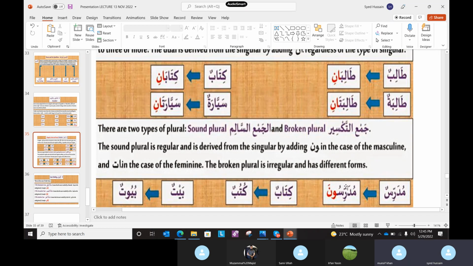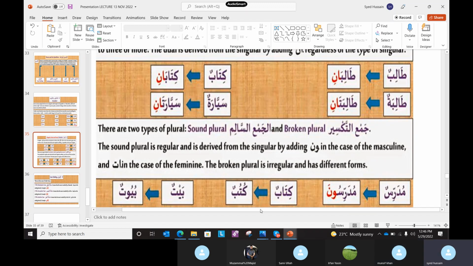So that's why when you say mudarrisun and you make it dhamma, this waw sign automatically comes. Why? Because the natural sound of this vowel dhamma is waw. So mudarrisuna. Kitabun, kutubun. Kutubun.